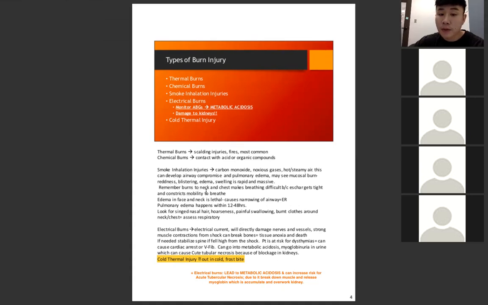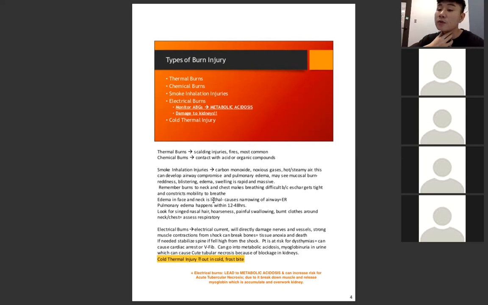So remember, burns to the neck and chest make breathing difficult because eschar gets tight and constricts the ability to breathe. Whenever we have any type of burn injury around the neck or chest area, especially the neck where the airway is, the tissue there, when it gets burned, will become necrotic. Eschar is the result of the necrotic tissue.